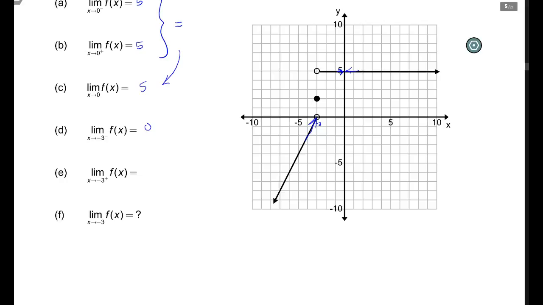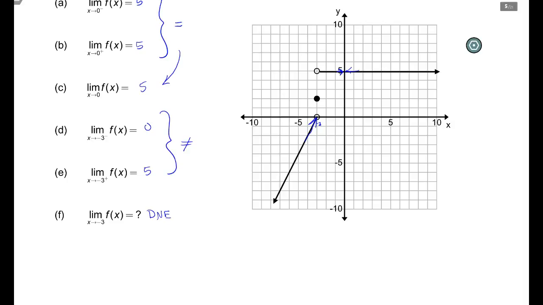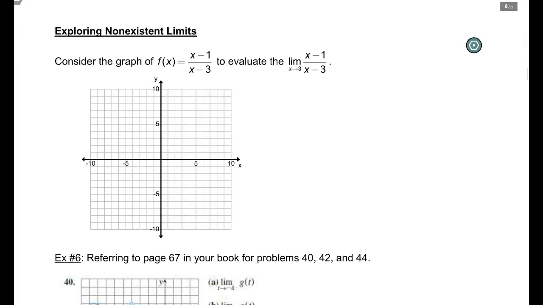And from the right is 5, and clearly these two are not equal, so we say the limit DNE, does not exist. I prefer the DNE, or you can write out does not exist. That's what the AP exam will use. But you should never lose time writing that. Yeah, true.